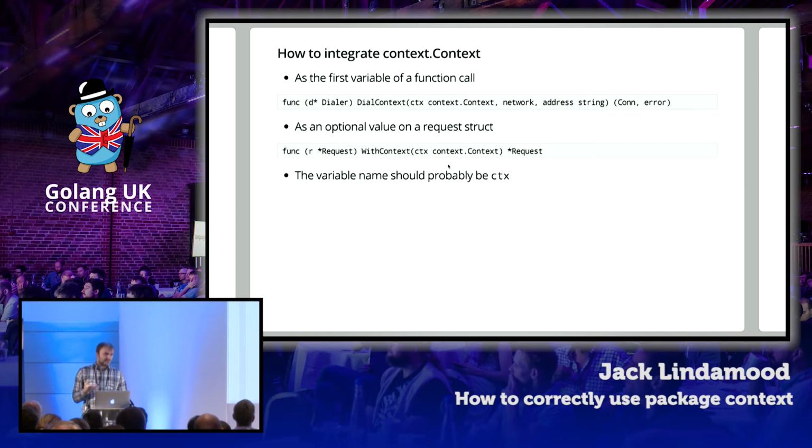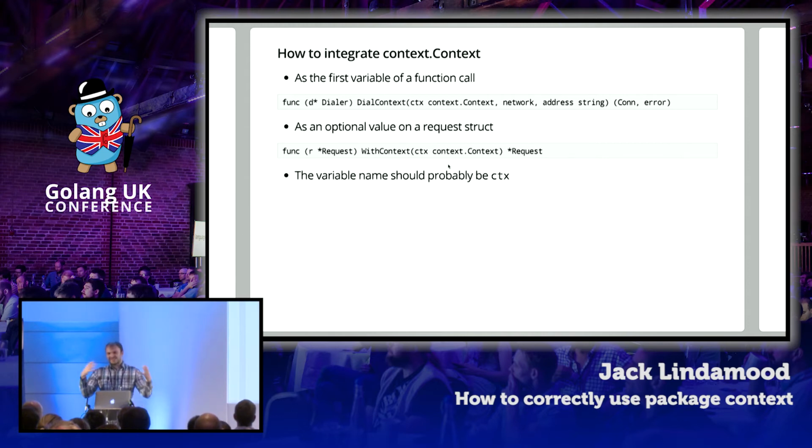The request struct pattern is often used when the parameters to a function would be so large that you want to just make a struct out of those parameters and then execute things on that struct, right? You could imagine if Go had keyword arguments, maybe you wouldn't need a request struct, you would just keyword them all.